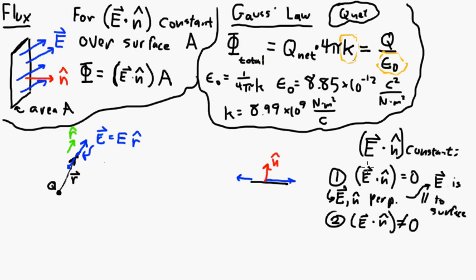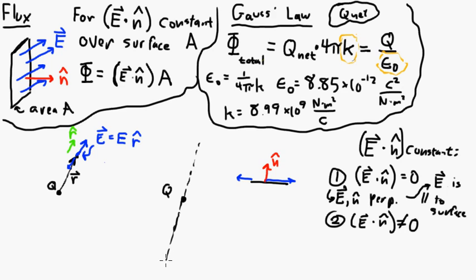So what we want to look for is surfaces where E dot n hat is constant, remember. One possibility is to look for surfaces that are always parallel to the way the electric field vector is pointing. And if we look here, what kind of surfaces are going to be parallel to the way the electric field is pointing? It might take a little bit of thought, but when you think about it, you'll realize, here's your charge Q. What you want is a surface that basically has Q sitting in it.